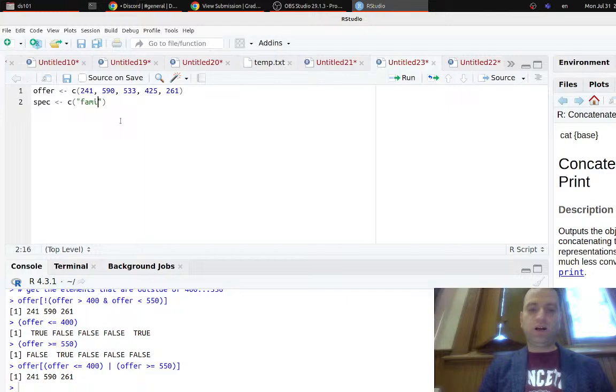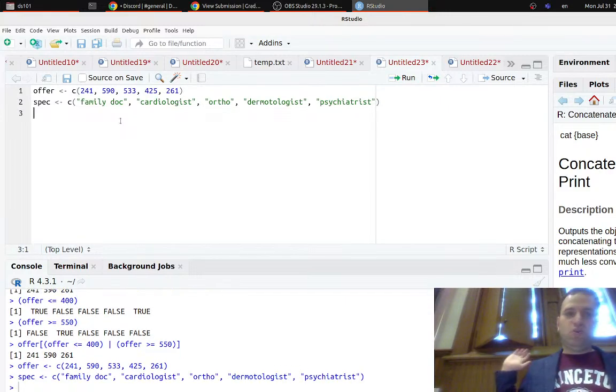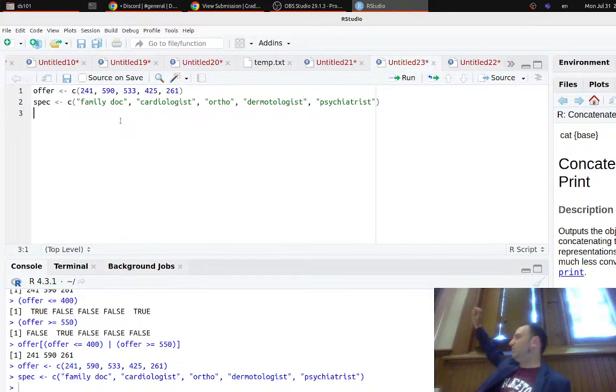So the 241 is actually, like I said, family doc, and this I thought it was neurologist, but actually it's cardiologist. This is out of date anyways, so orthopedic, dermatologist, and this is psychiatrist. Okay. So the concept here is we have two vectors, and we know that offer 1 corresponds to spec 1, and offer 2 corresponds to spec 2, right?